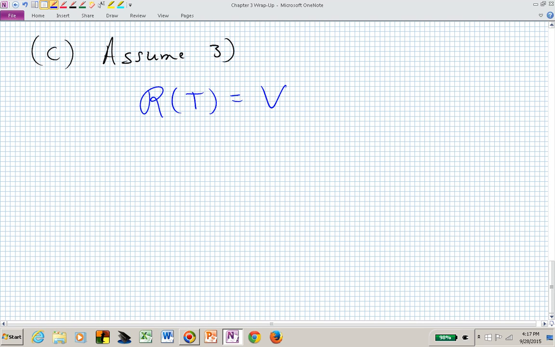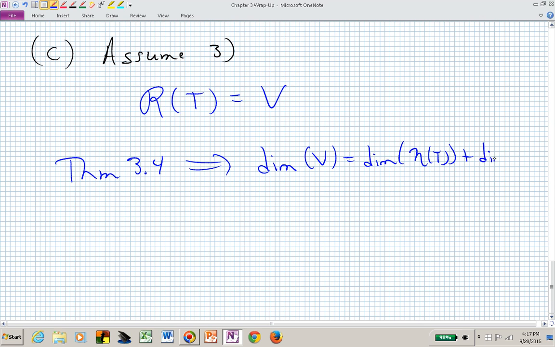Now you can just play that theorem again. That theorem is very powerful. You can say that from theorem 3.4, the dimension of V, which is the dimension of the domain, is equal to the dimension of the null space of T plus the dimension of the range of T. But in the surjective assumption that we're assuming, we know that the dimension of the range of T is the dimension of V by definition of a map being surjective, and that now implies that the null space of T is trivial or has dimension of 0.